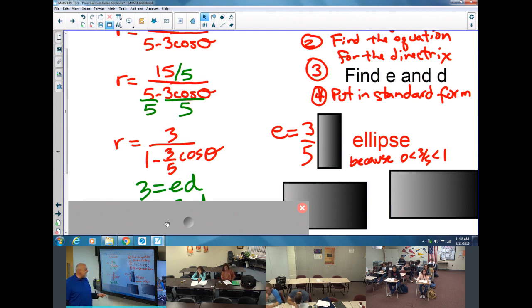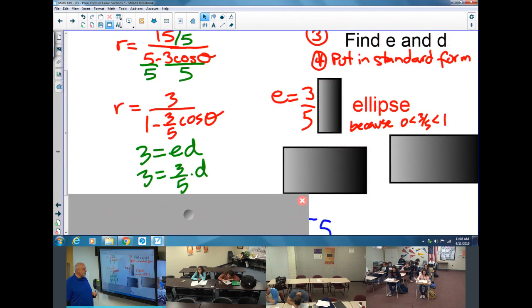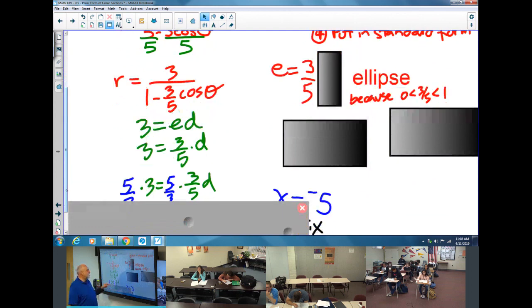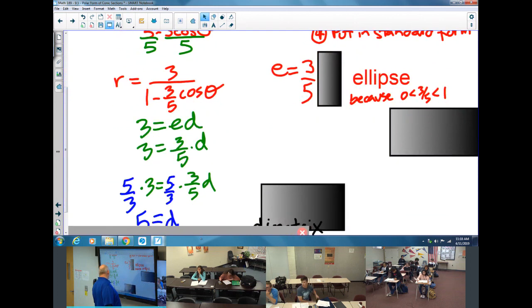Well, now if E is 3/5, you substitute that in for E, and then you solve that for D by multiplying by 5/3. And so then we'll get D is equal to 5.